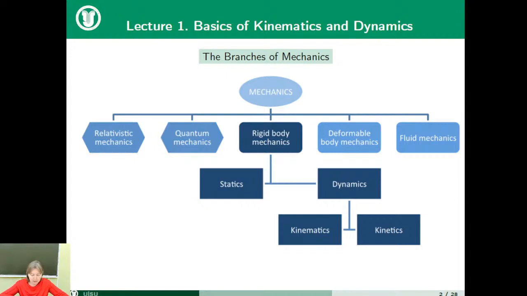An object has a rectilinear motion when it moves along a straight line or straight direction. Rotational motion deals only with rigid bodies.